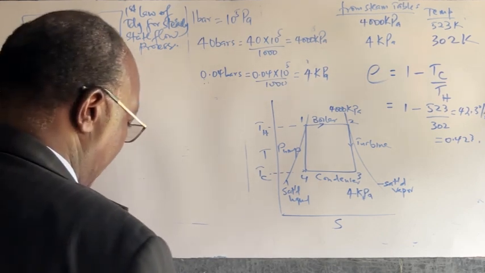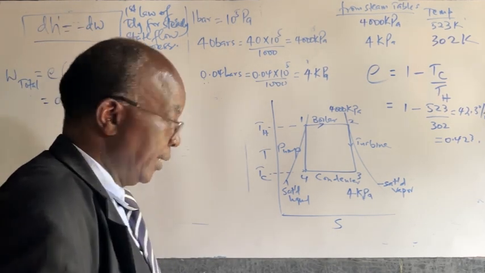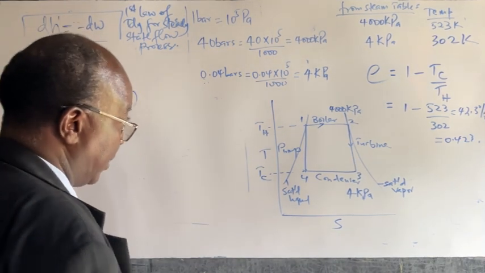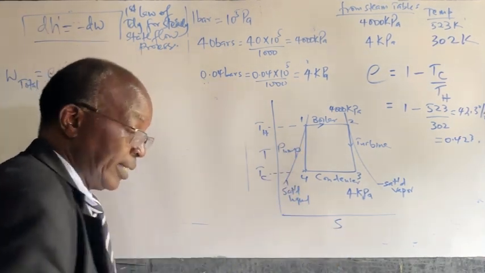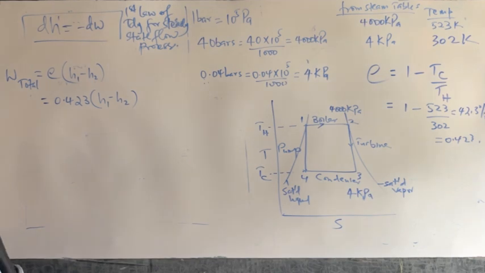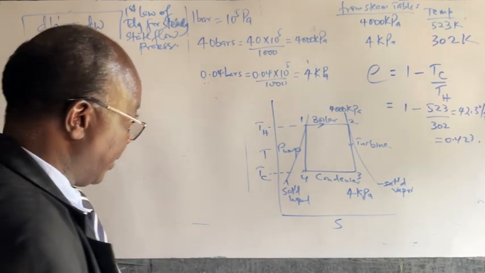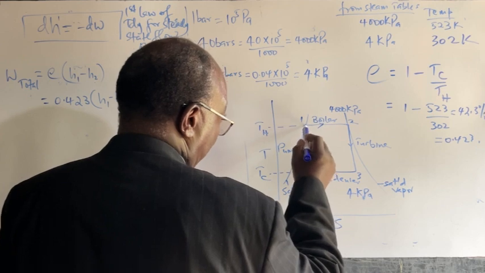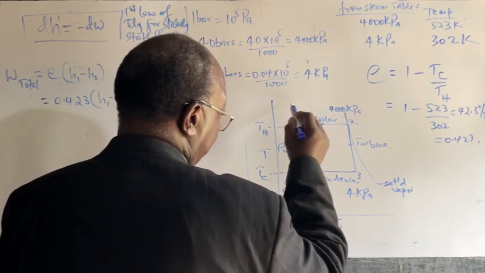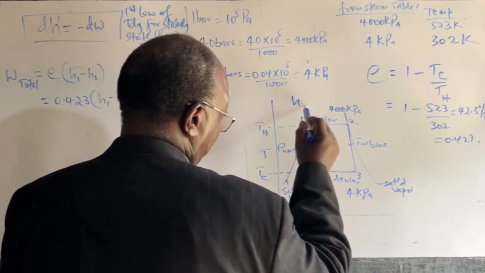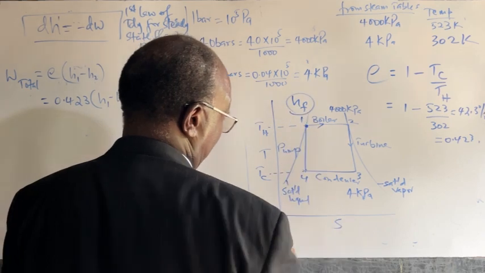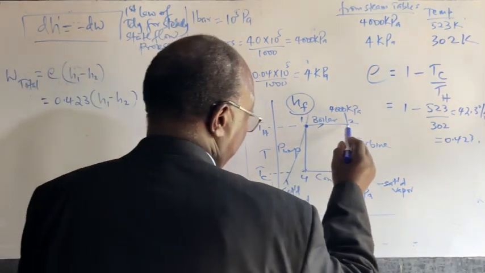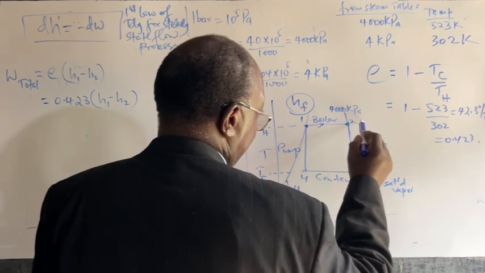Now, how do we obtain these enthalpy values? If you look at the Carnot cycle transposed on the Rankine axis, temperature and entropy, the enthalpy value at state point 1 corresponds to the enthalpy for the liquid, and the enthalpy at state point 2 corresponds to the enthalpy for the gas.